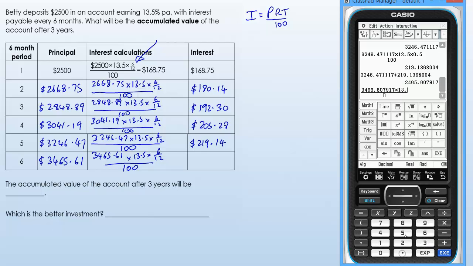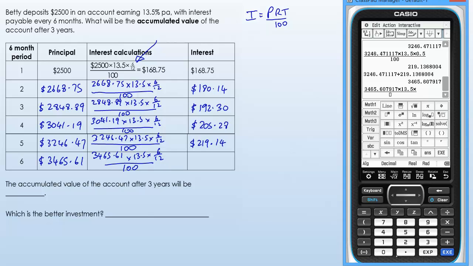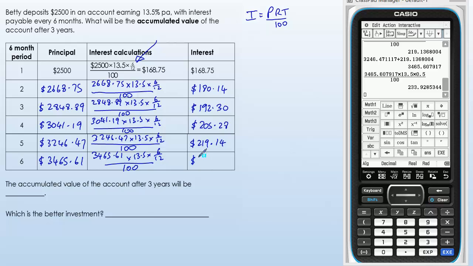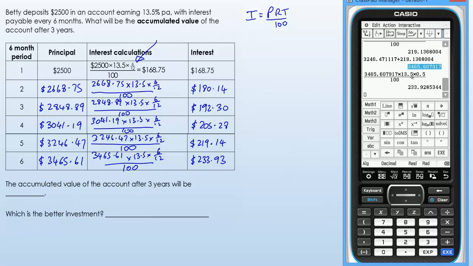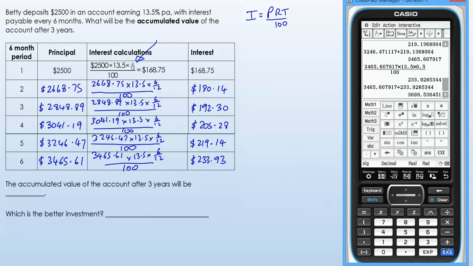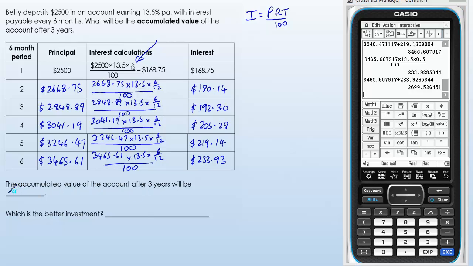Times 13.5 times 0.5, all divided by 100. And that gives us $233.93 there. And so my total amount in the end is going to be this added to the interest that we just got.